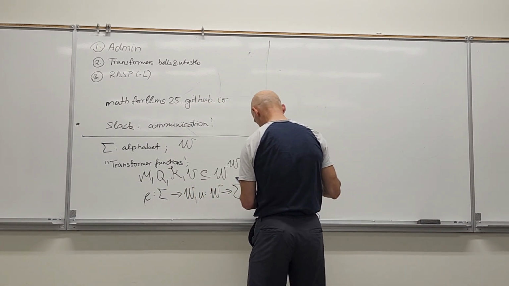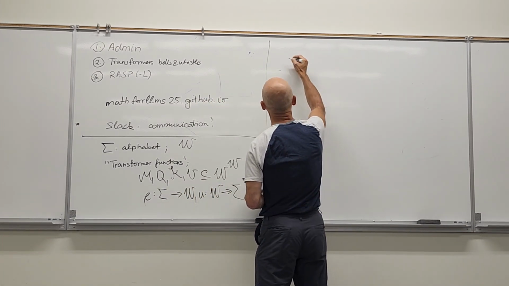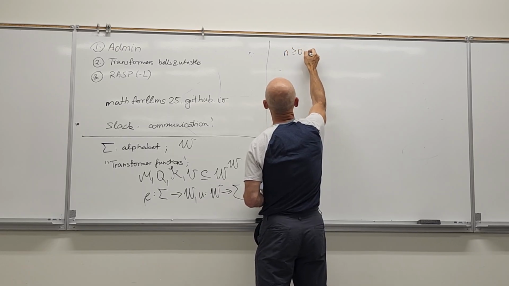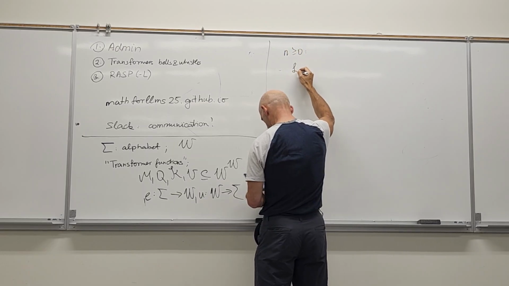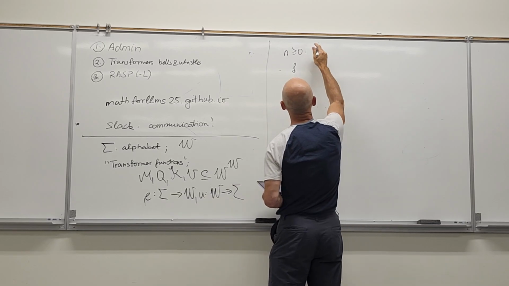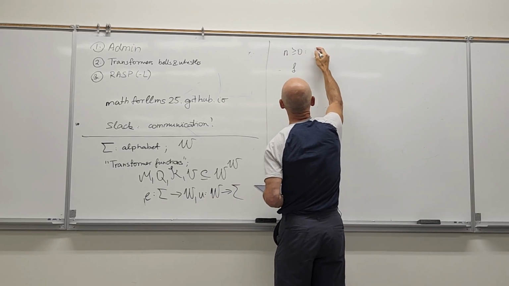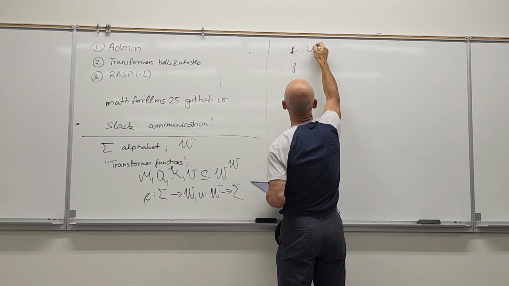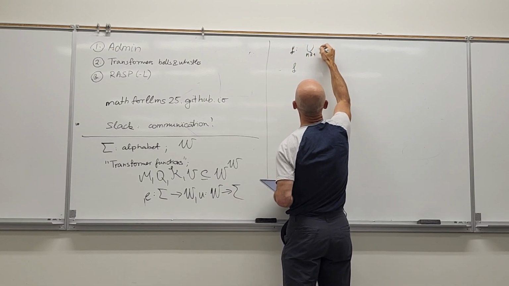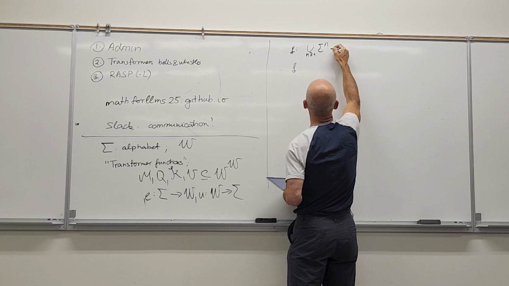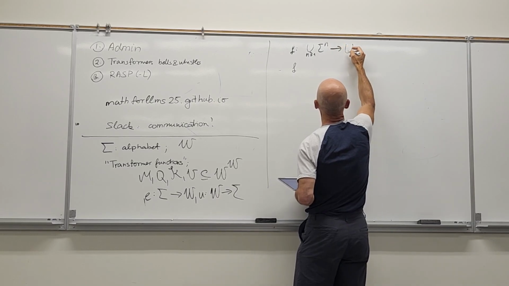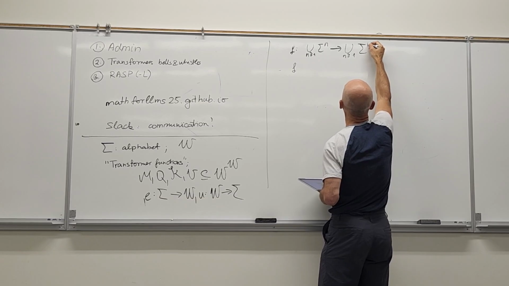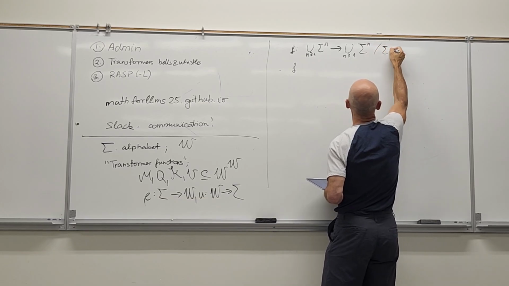And for every n, we fix an n, we define this f as a map from every finite string to every finite string, sigma star to sigma star.